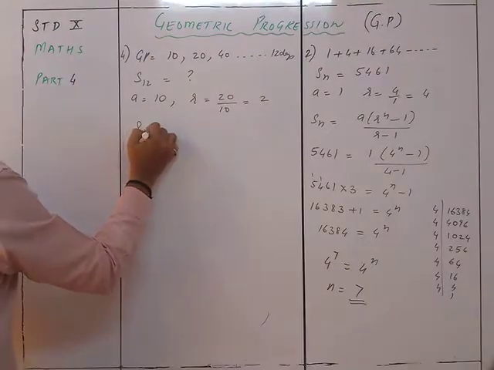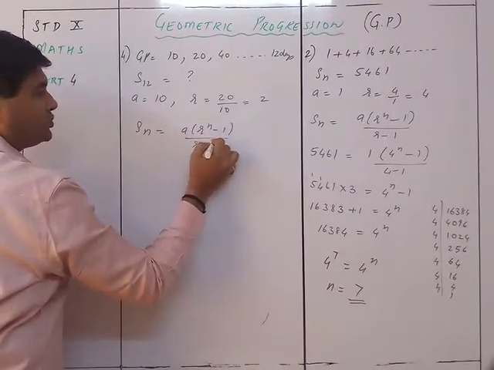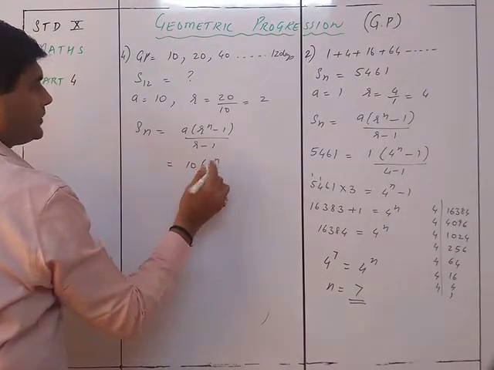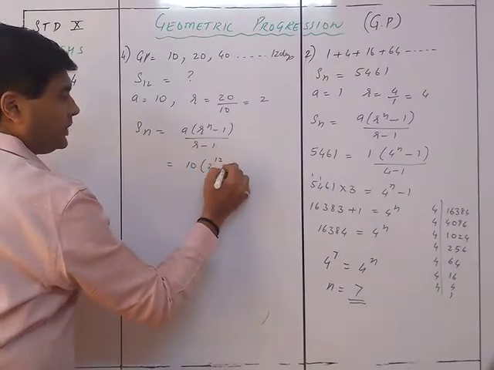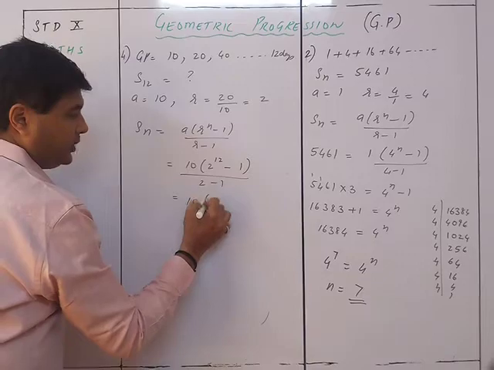So we get Sn is equal to A times R raised to n minus 1 upon R minus 1, that is 10 into 2 raised to 12 minus 1 upon 2 minus 1. So it is 10 into 2 raised to 12.